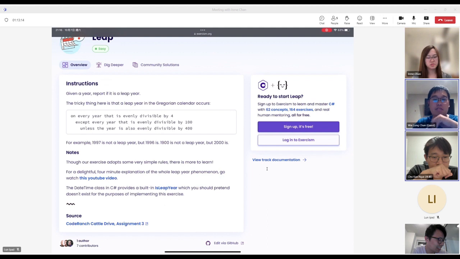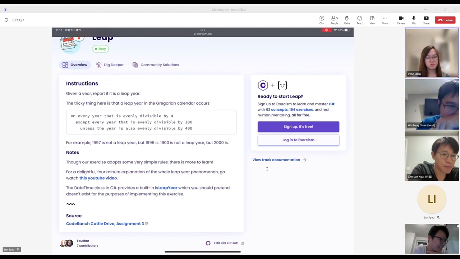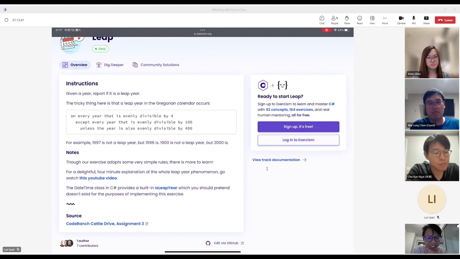Because it can divide by 100, but not by 400. If both conditions hold, then it's not a leap year.